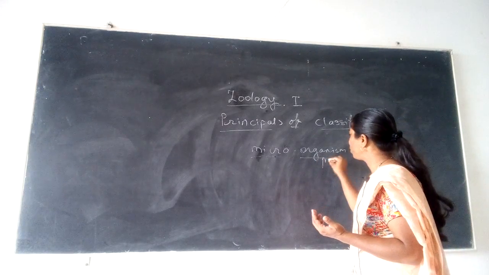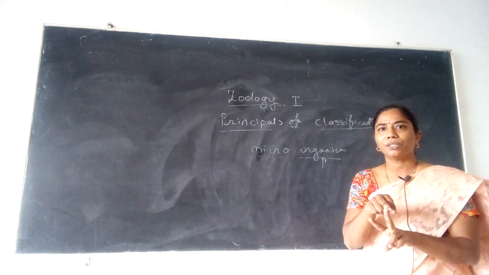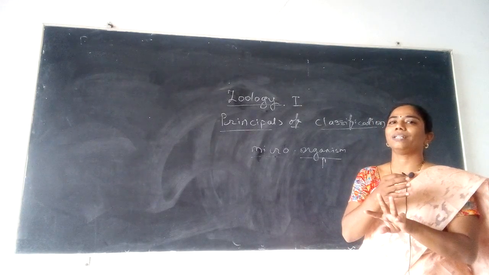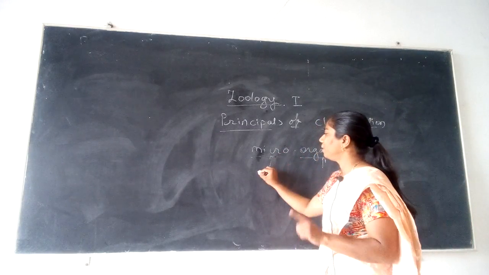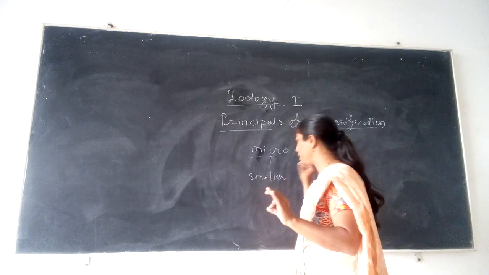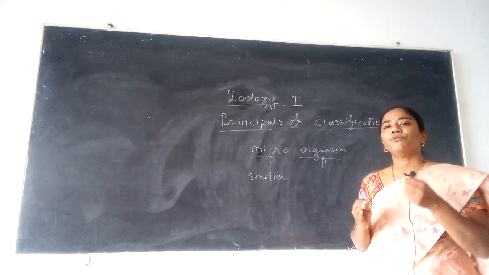Organisms means either animals, plants, or small-sized organisms, for example bacteria. And micro means smaller in size, and as they are very small, it is not possible for us to observe them with our naked eyes.